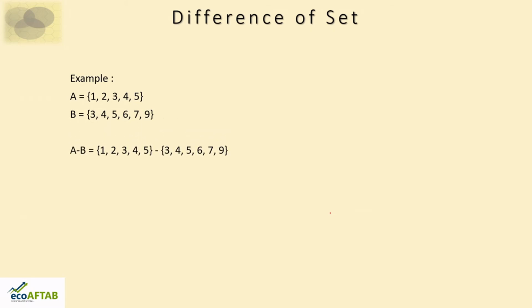Then A minus B is all the elements of A minus all the elements of B. 3, 4, 5 is there in A, and the same 3, 4, 5 is also there in B. So excluding those, only the elements that we find in A we take into consideration, because we are speaking about A.